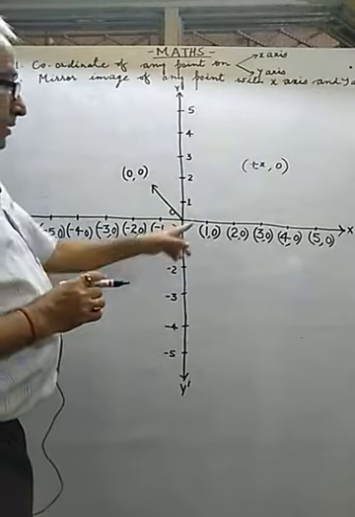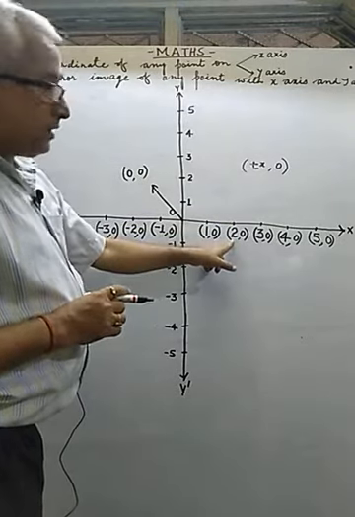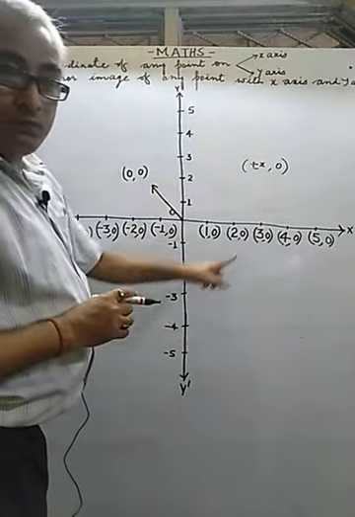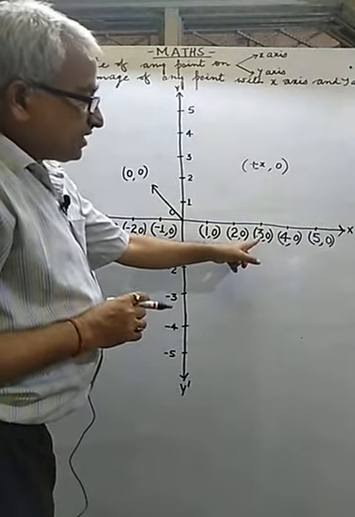For example, at this point the value of x is plus 1, so it is (1, 0). At this point the value of x is 2 and 0 will be noted down. Similarly, the coordinates of these are (3, 0), (4, 0), (5, 0) and so on. Go to this side, the value of x here is -1 and ordinate is 0, so (-1, 0), (-2, 0), (-3, 0), (-4, 0), (-5, 0).